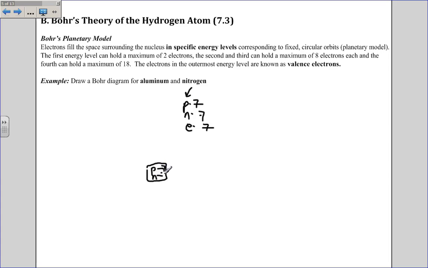I tend to represent it as a box just to distinguish it from the first energy level. On the first energy level here, it can hold 2 electrons. And on the second energy level, we've got 5 electrons remaining. So we're going to place them around. We put them singly first and then pair them up. So we've got a pair and then 3 single electrons. So this is the Bohr model for nitrogen. And you should do the same for aluminum as extra practice.